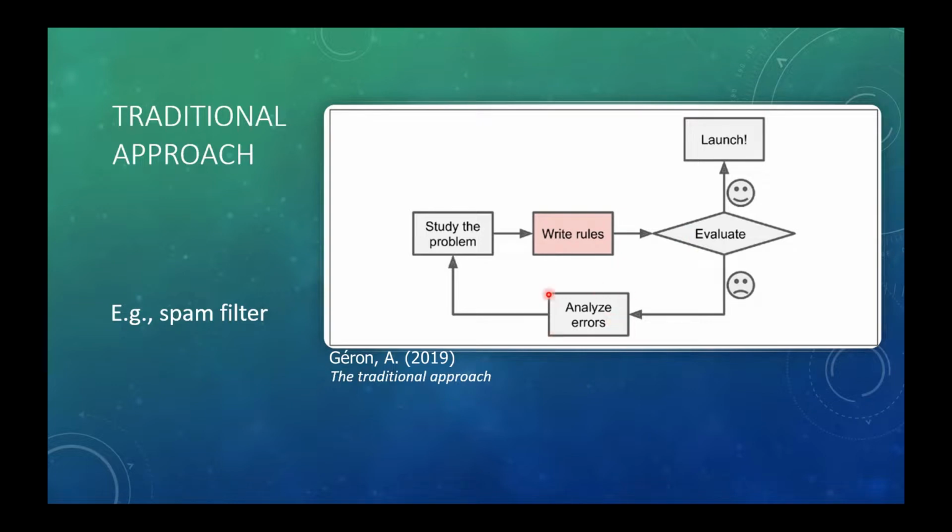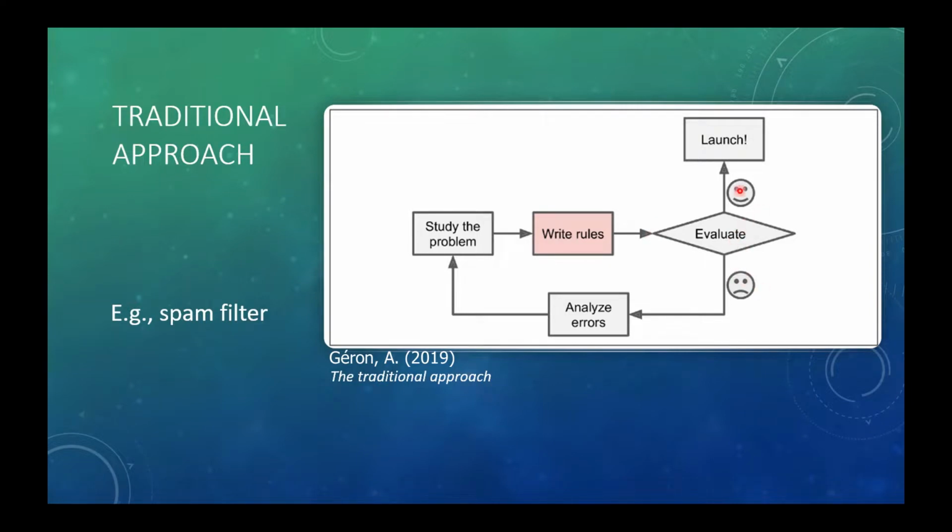Why are you not able to do well? Why is your application not working as intended? Then you go again to study the problem and amend those rules you have written inside your application, and you go again to the evaluation phase, and most likely you will fail, probably, who knows.